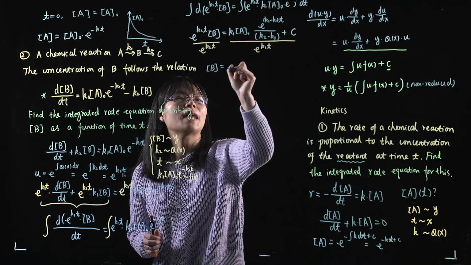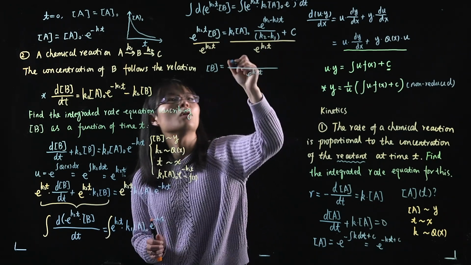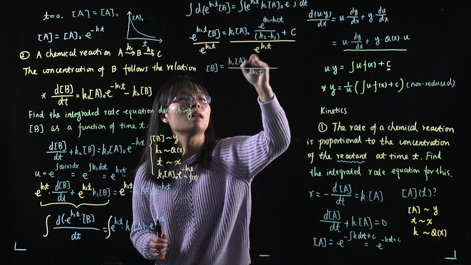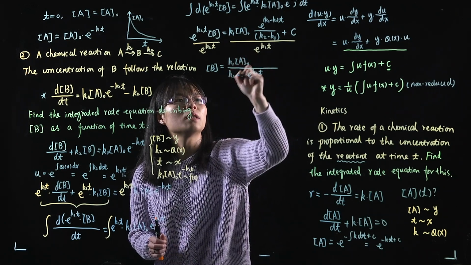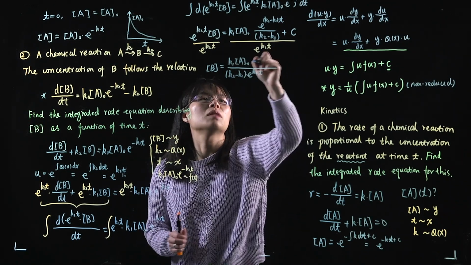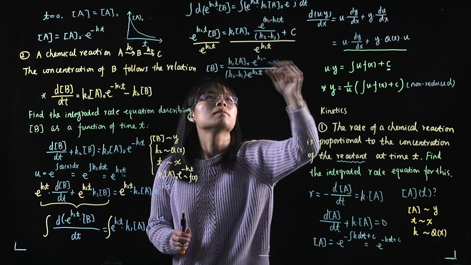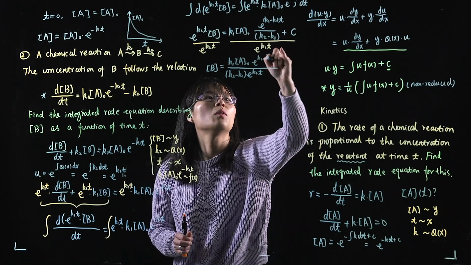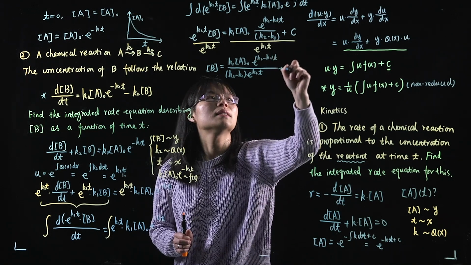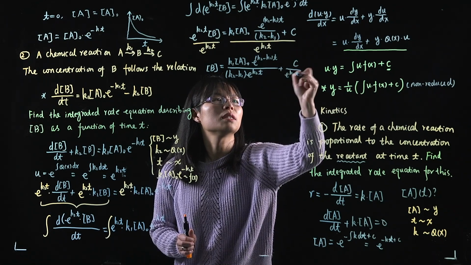So now what we get is e to the k2t, and on the denominator we have k1 times a naught. So the k2 minus k1 can be pulled to the denominator, and on the top we have exponential k2 minus k1 times t, plus constant c over exponential k2 t.